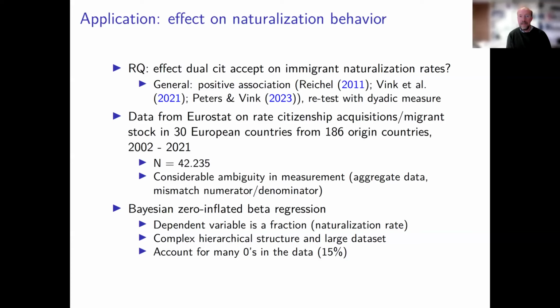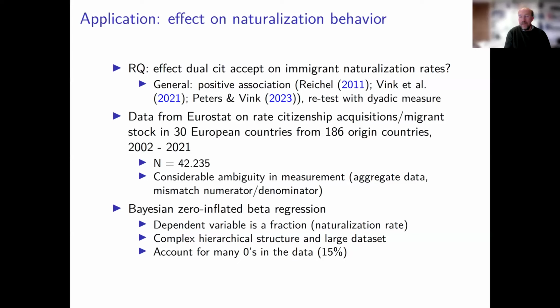So we use Eurostat data, which covers 30 European countries and 186 origin countries for about a 20-year period. This covers about 40,000 observations. These data are not perfect in the sense that they are delivered by the authorities of the reporting countries to Eurostat on the number of citizenship acquisitions by resident foreigners in the 30 European countries.